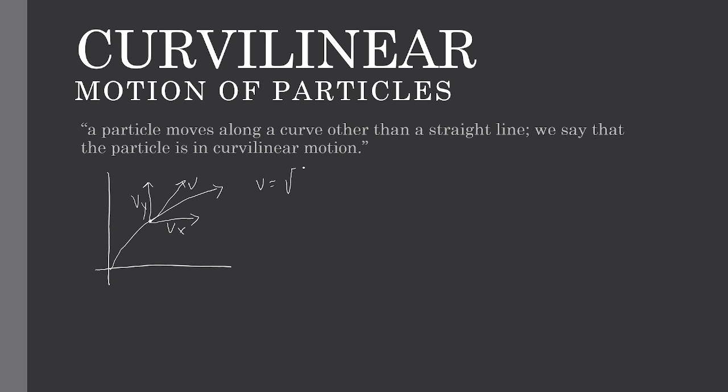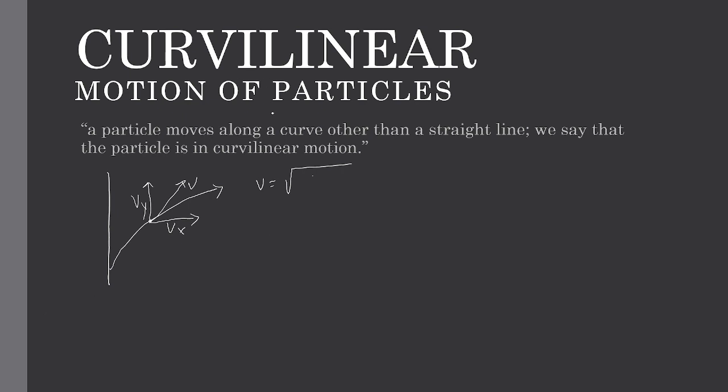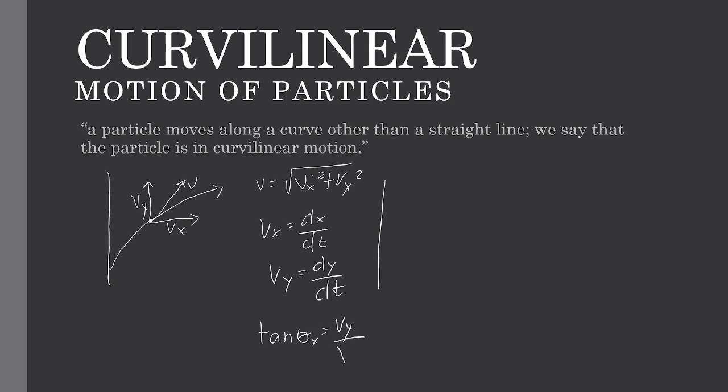Velocity is equal to the square root of vx squared plus vy squared, where vx is simply dx over dt and vy is dy over dt. Now also, I forgot, tan theta is equal to vy over vx.